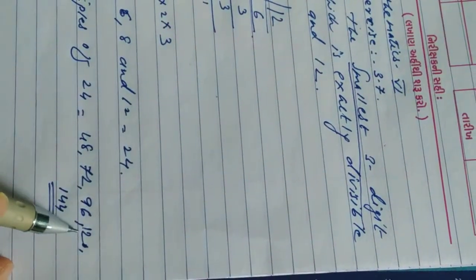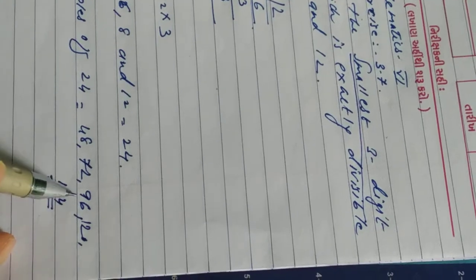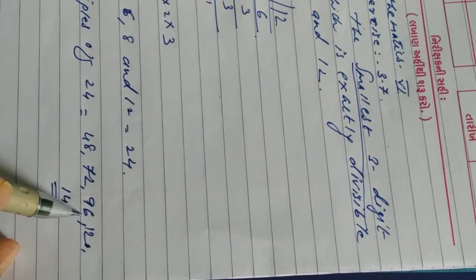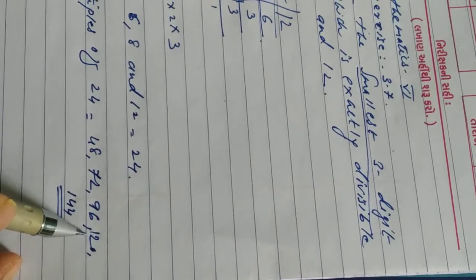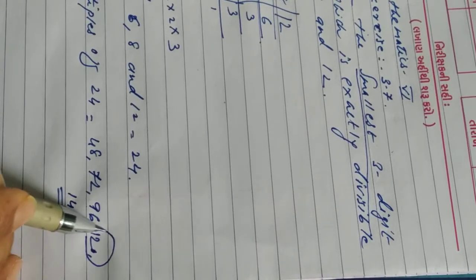See here what is asked: the smallest 3-digit number. So which is the smallest 3-digit number? See, 96 is a 2-digit number, the highest 2-digit one, and after that 120 is the smallest.